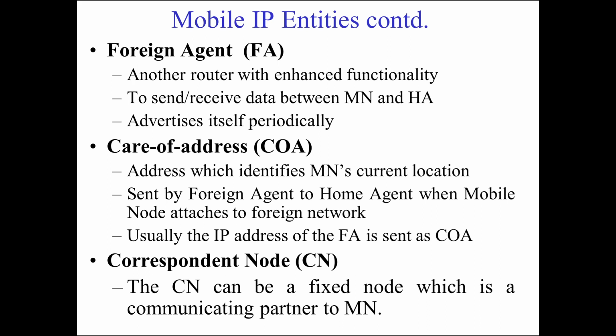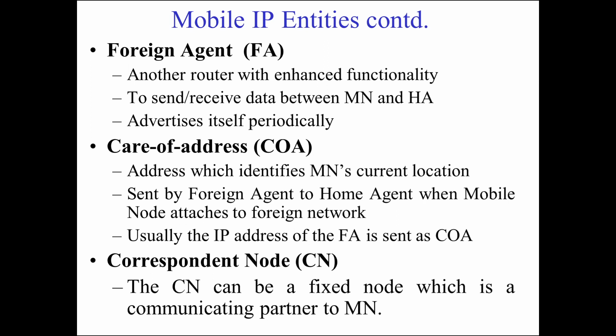The next term is care of address. As I said, the mobile node has one permanent address in the home network. But when it moves from its own home network to another network, called a foreign network, it has to get a temporary address from the foreign agent. A node belonging to the home network moves after some time to the foreign network.